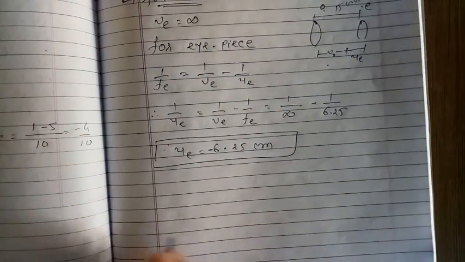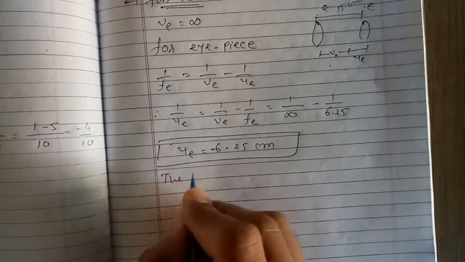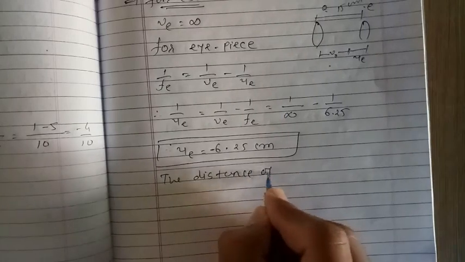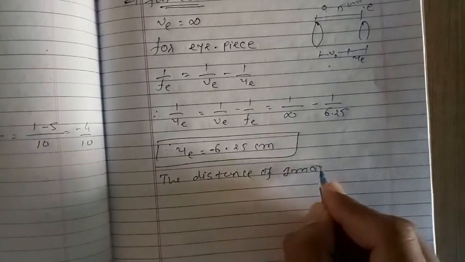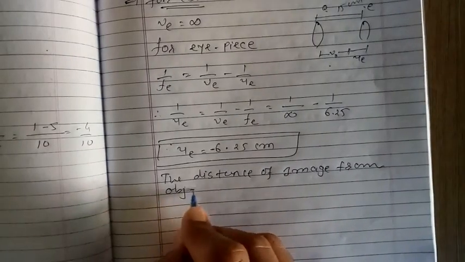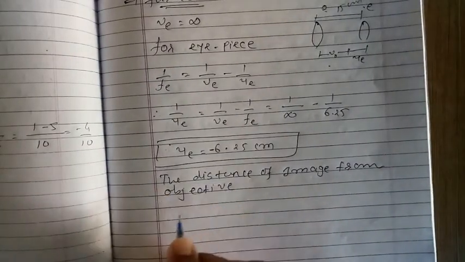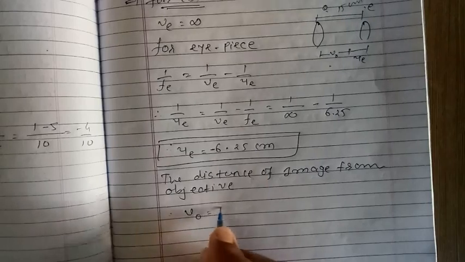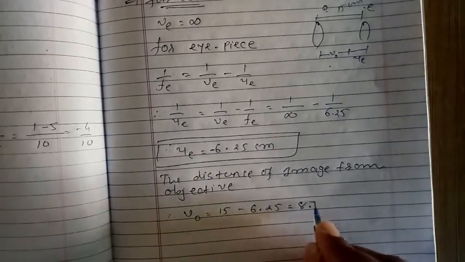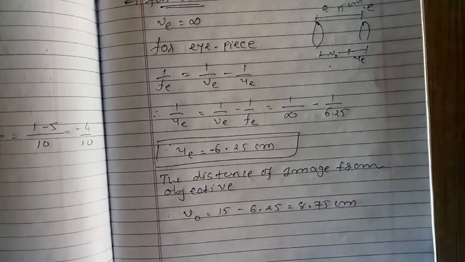So the distance of image from objective, VO is equal to 15 minus 6.25. So we get 8.75 centimeter.